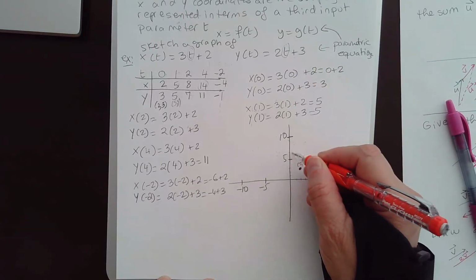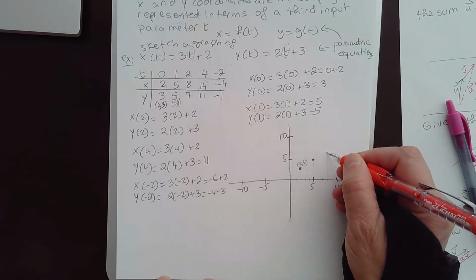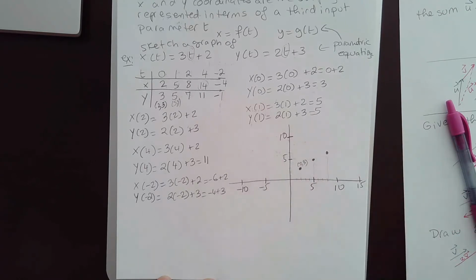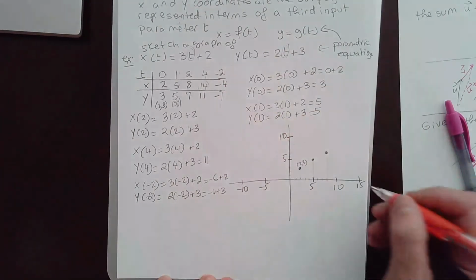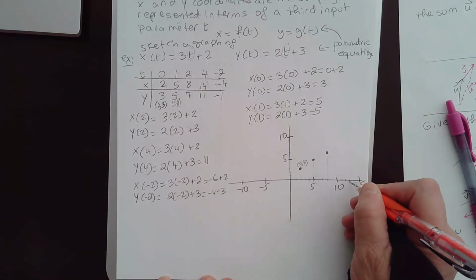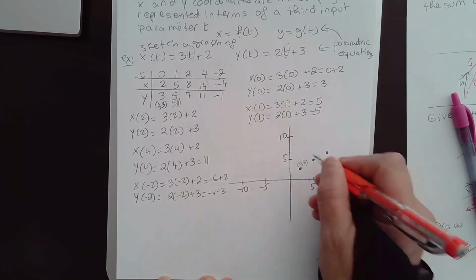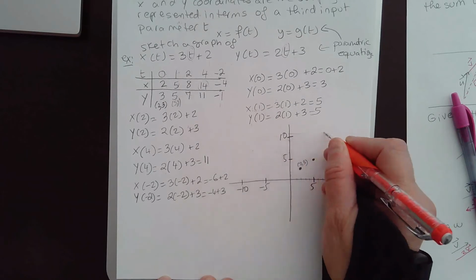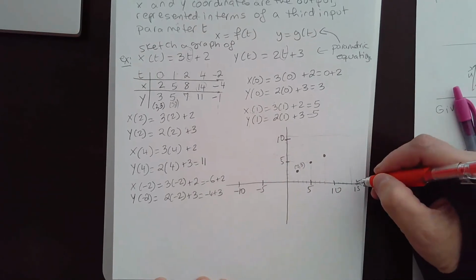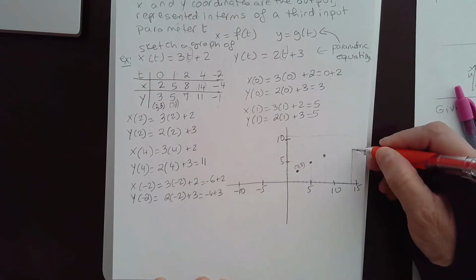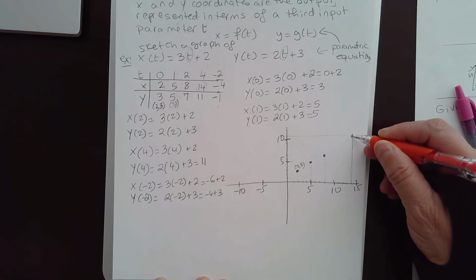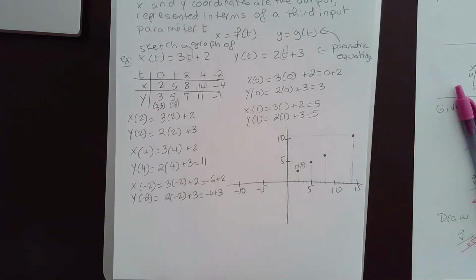Roughly, you're going to approximate that's a point on the graph, 8, 7. Okay? Then you have 14, 11. 14 is here. 11 is here. Here's 14, 11.